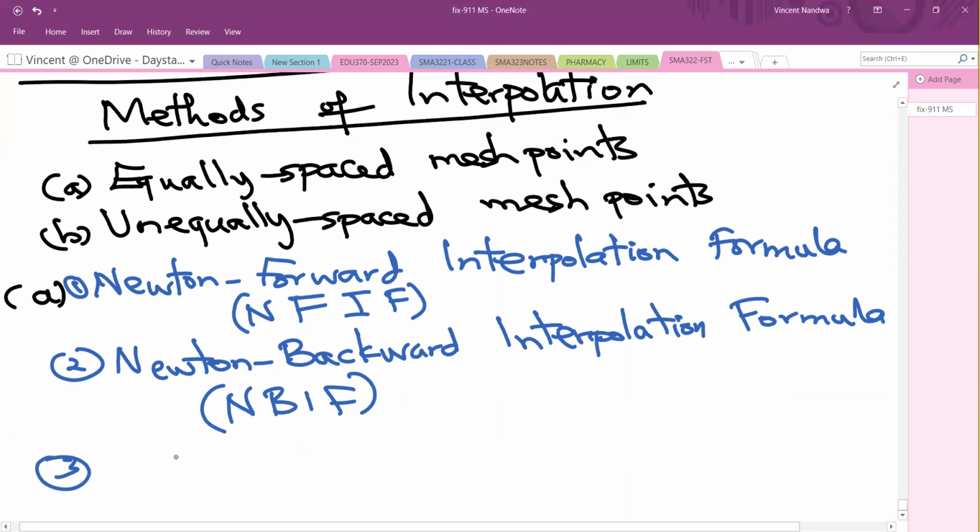Then there's what we call the Newton divided difference formula.